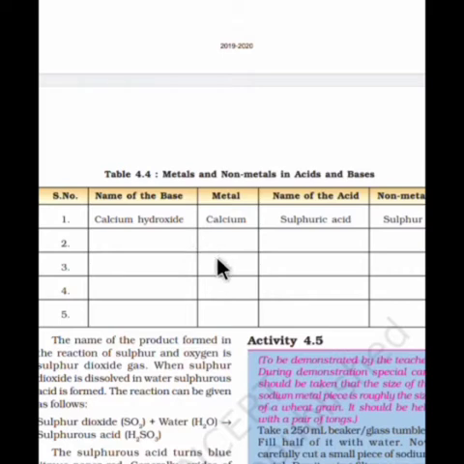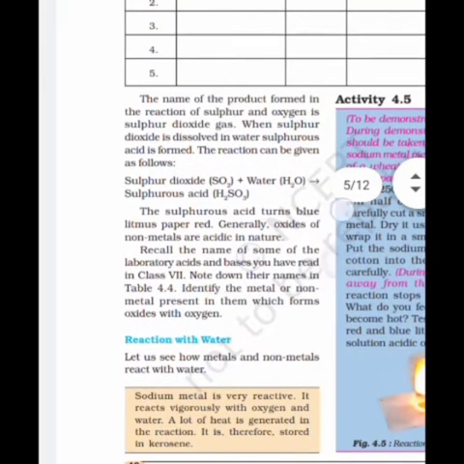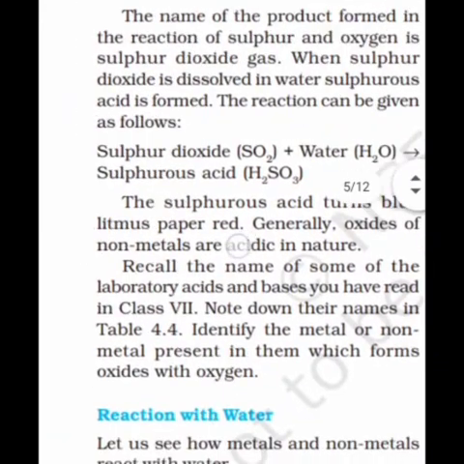If a component is a metal, you have to write it here, and if it is not a metal, then you write it in the non-metal column. You have to fill in this whole table.